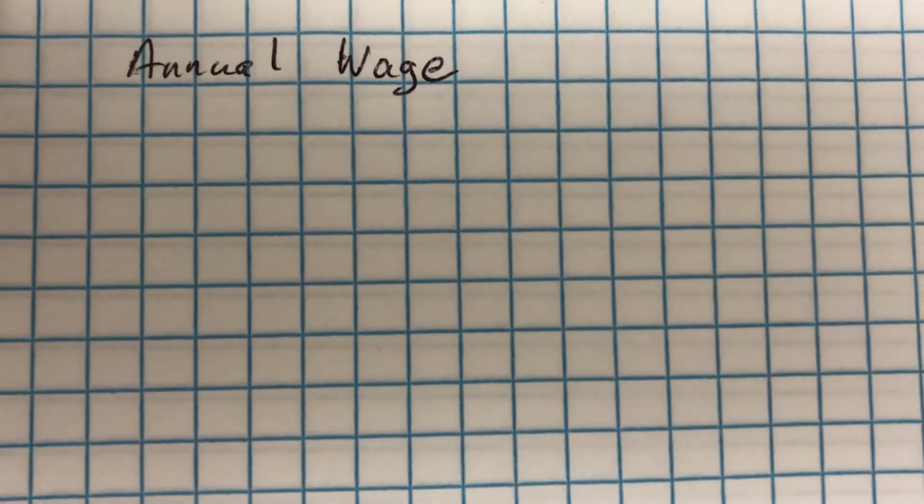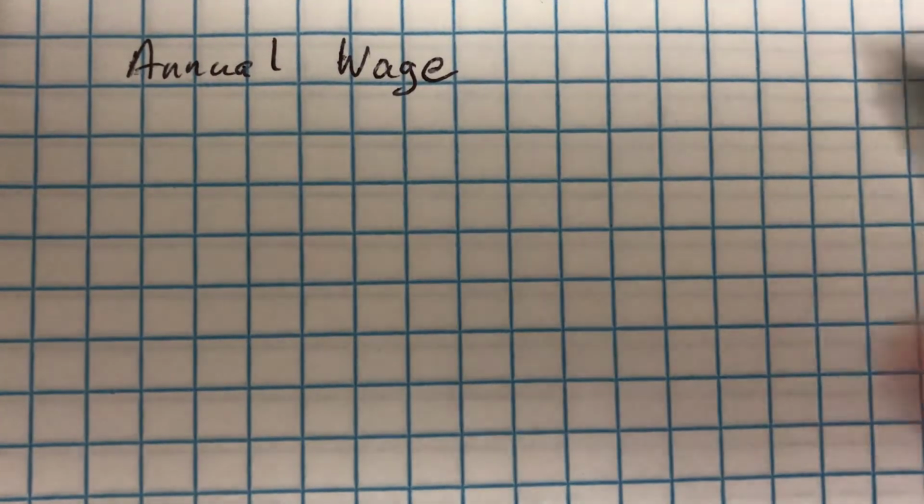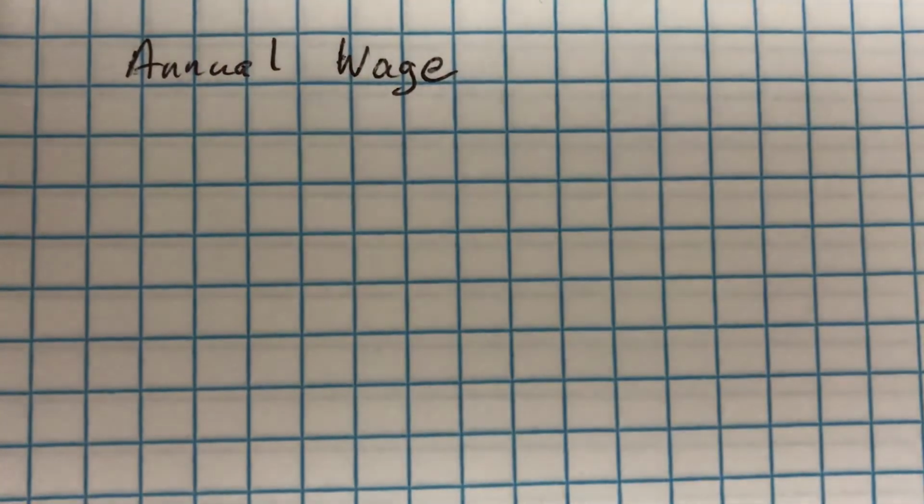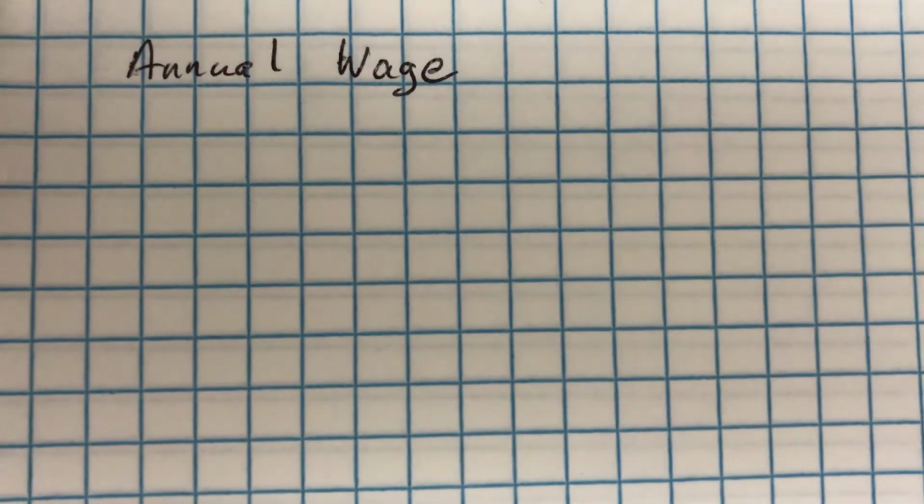But for our instances, I'm talking about part-time jobs like sales associates, or maybe you're working as a cook at a restaurant. Typically, those are part-time jobs, and there's nothing wrong with that. But very quickly, we'll be able to figure out how much we can make in a given year.